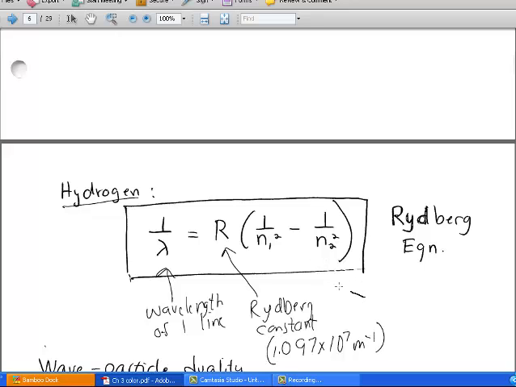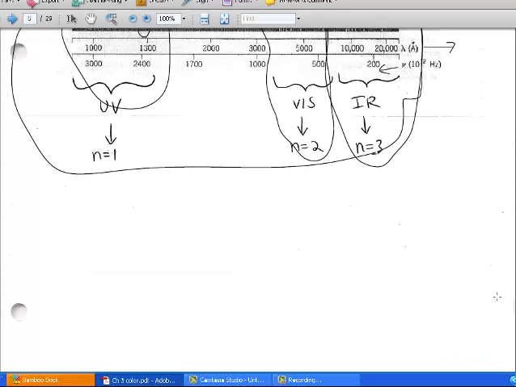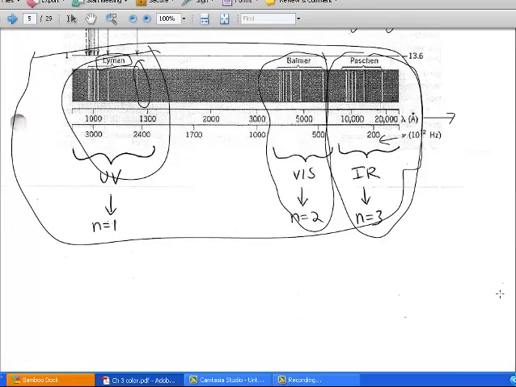Okay, and then there's these two n values, n1 and n2. And they're each squared, and there's one over each of them squared. So it's n1 and n2, and those are integers. So all the different spectral lines that we saw above can be calculated, their position can be calculated by putting in different values of n.